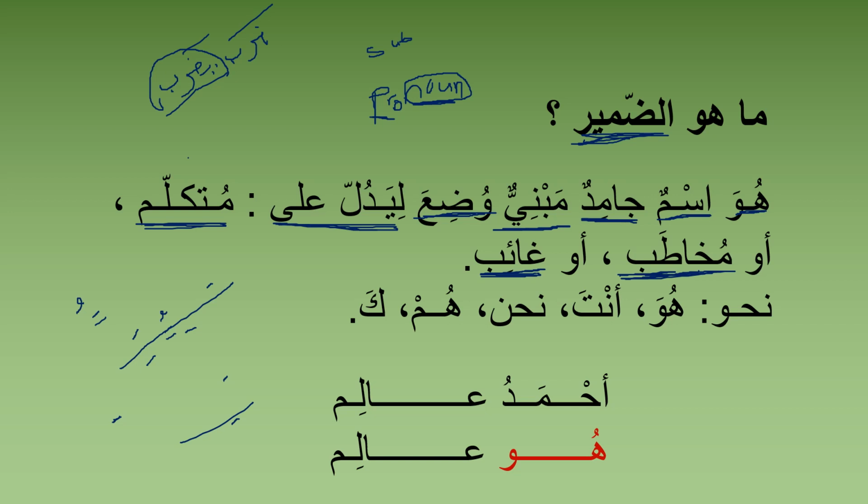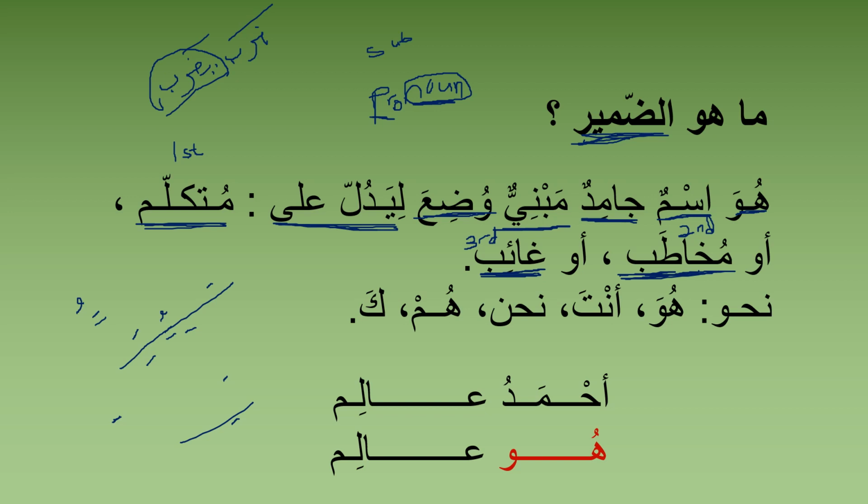Al mutakallim is the first person, like I, we, I or we, first person. So al mukhatab is the second person, while al gaib is the third person. So this is the meaning of domir.